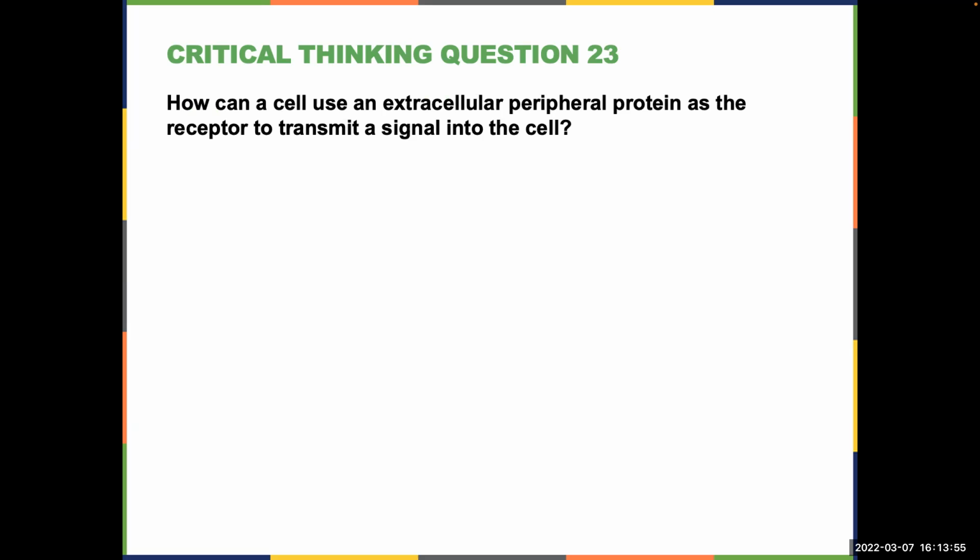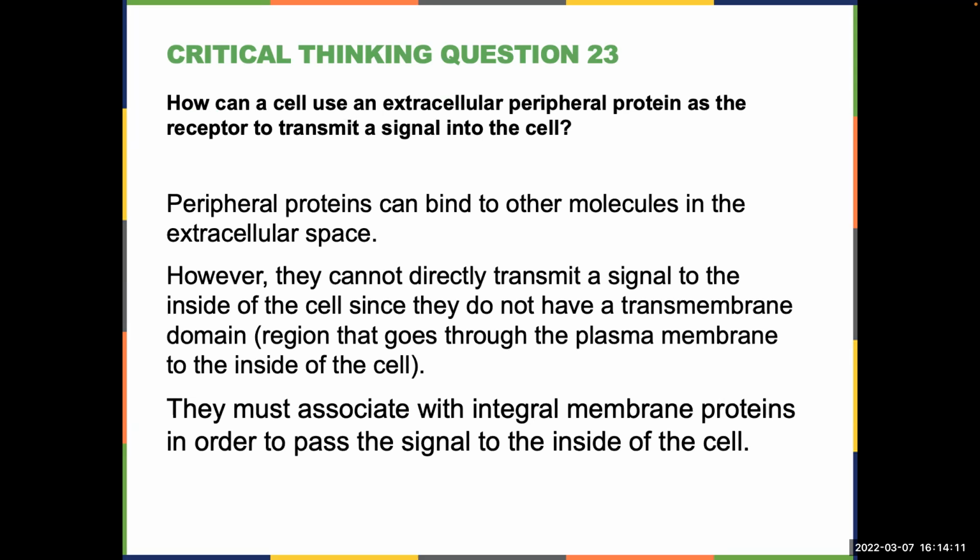Okay, how can a cell use an extracellular peripheral protein as the receptor to transmit a signal into the cell? Pause the video and try to answer it. Okay, peripheral proteins can bind to other molecules in the extracellular space.